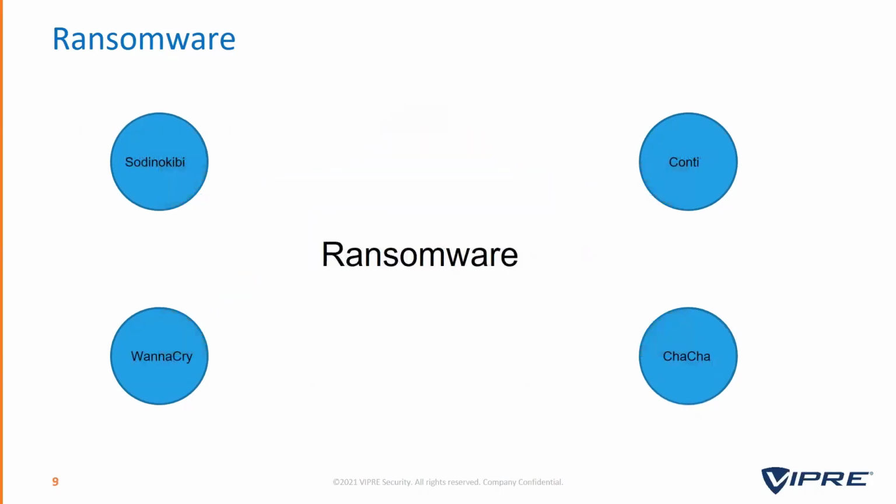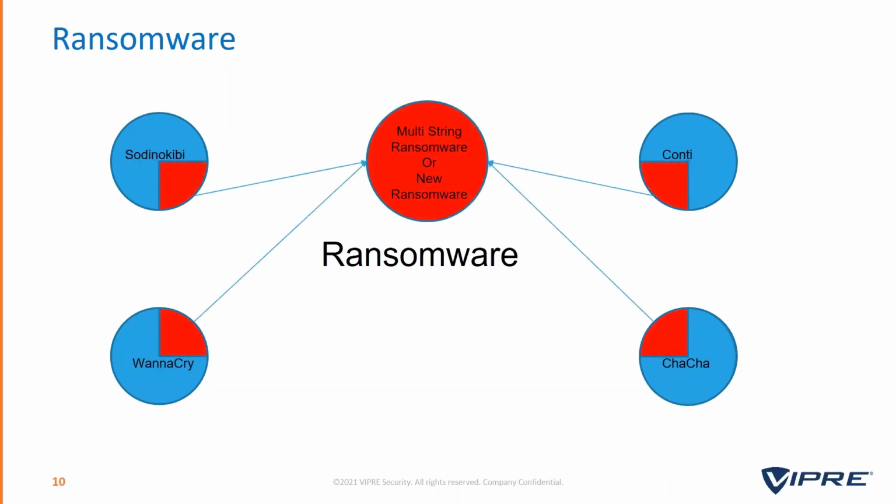So to look at what we know that is there, we know that there is Conti, we know there's Cha-Cha. Everybody heard about WannaCry, probably the most famous of all. So looking at the hacker group, some hacker may have developed or be part of developing every one of these. And they have a piece of the code or the whole code. So when they merge in the new group, as shown before, now all of a sudden they have the method to create new ransomwares. And these ransomwares are totally different than what we know.